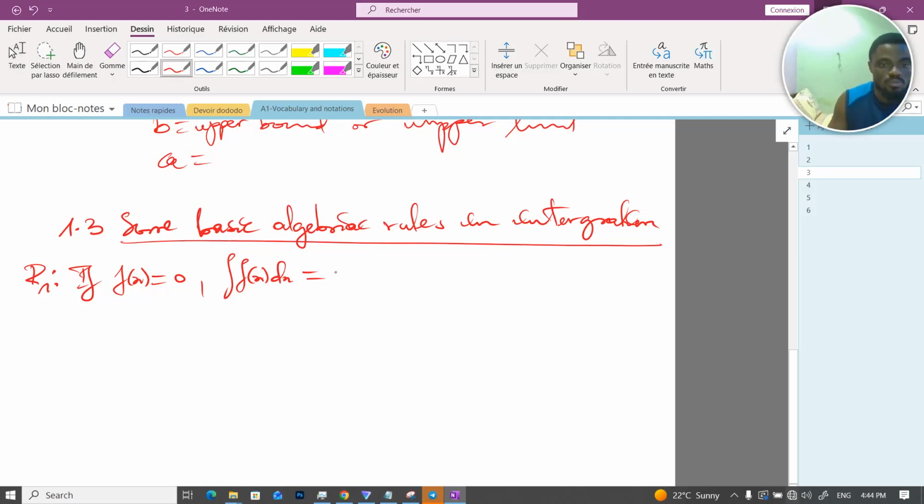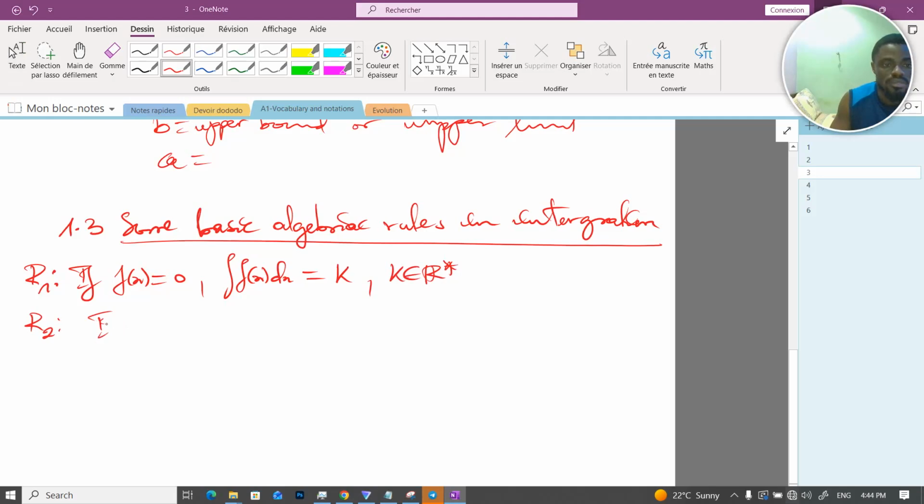What is the function that, if we differentiate, we obtain 0? That function is simply a constant k, where k belongs to the set of real numbers. You understand?